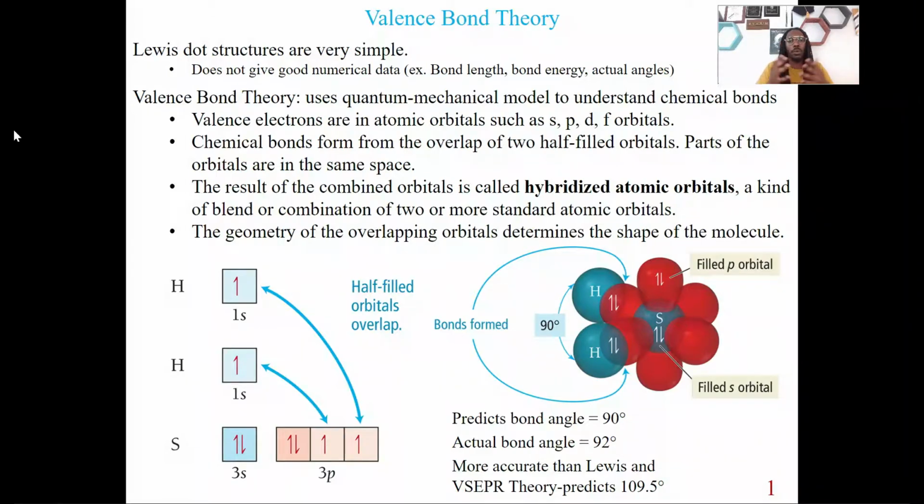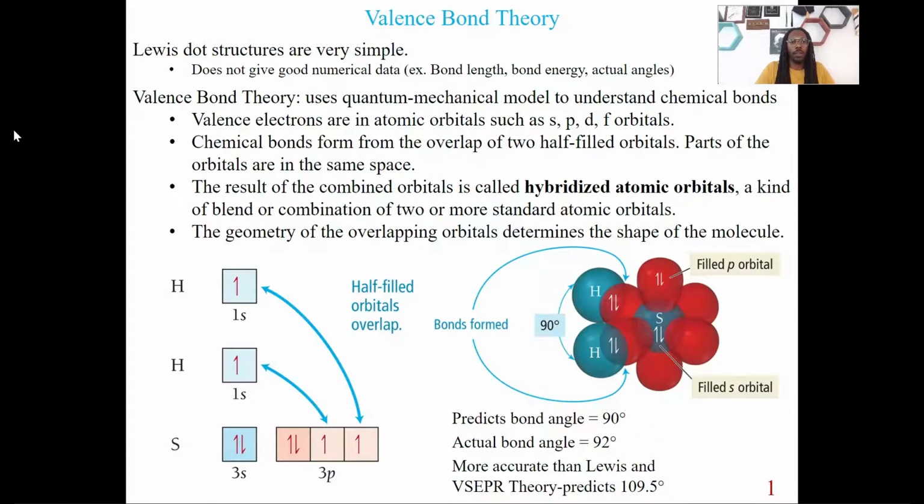When atoms come together to bond, they become more stable because we're filling those orbitals. The result of this overlap we call hybridized atomic orbitals, a blend or combination of those standard atomic orbitals, s, p, d, and f.